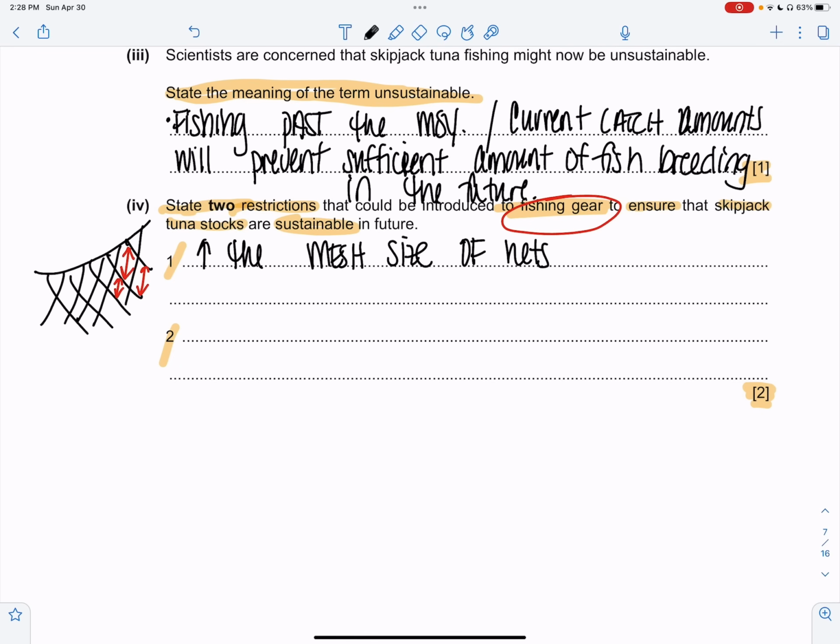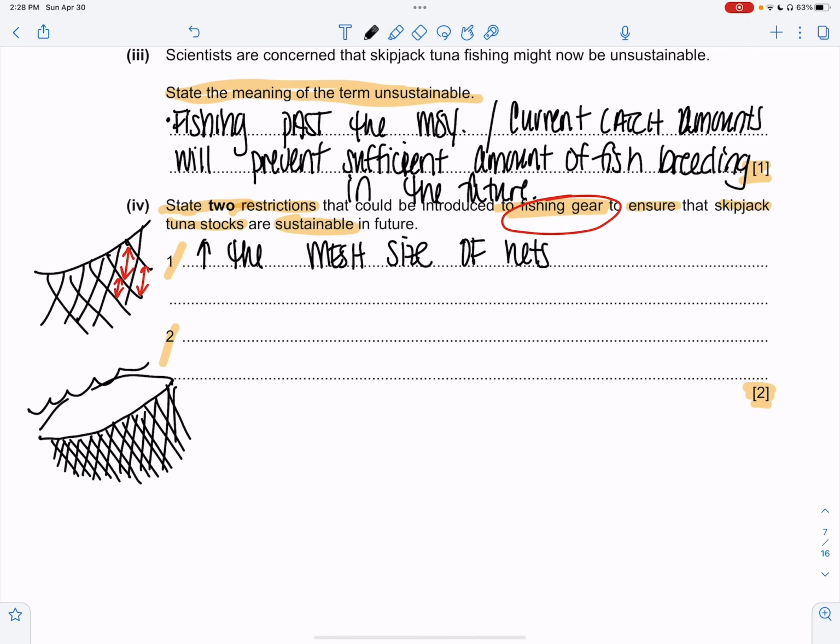That's so smaller fish can escape. Just in general, the length and the size of the purse seine. It might be way too big and it's catching way too much fish inside of it.